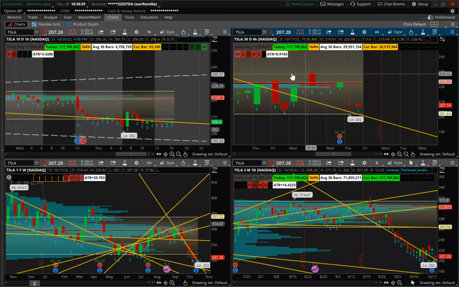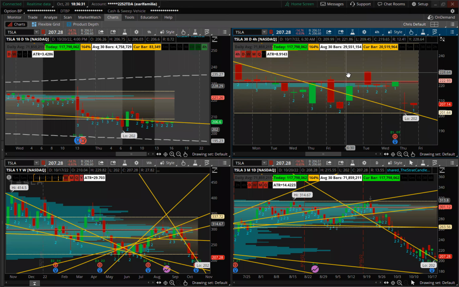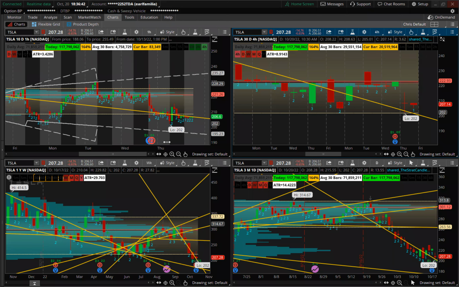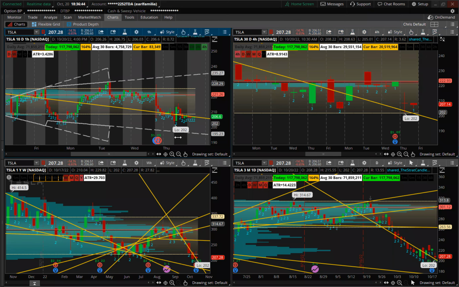Yeah, what it did today was it dropped from the earnings or whatever, and then it came back up and rejected off the 50% of the weekly level and came back down. Gotcha.